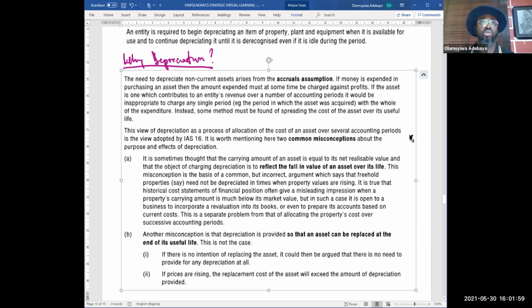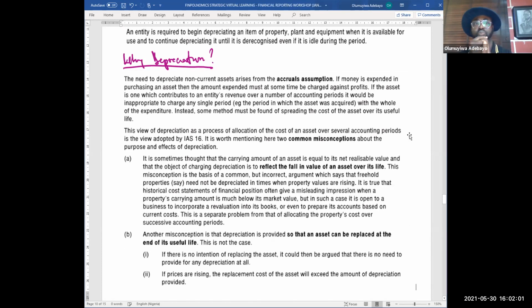Okay, over to you. Why depreciation? The need to depreciate non-current assets arises from the accruals assumption. If money is expended in purchasing an asset, then the amount expended must at some time be charged against profits.